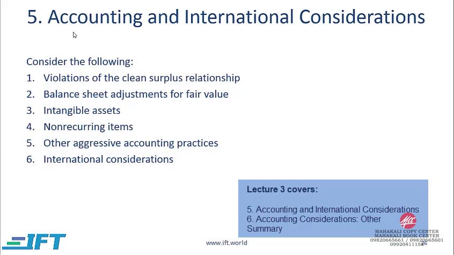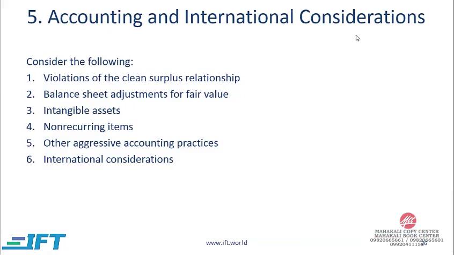We now come to the last section of this reading, which is section 5, Accounting and International Considerations. The main point here is that when you are using the residual income model, obviously you need to come up with estimates of residual income. And as you've seen, the calculation of residual income depends on the financial statements. So obviously there'll be places where you need to make adjustments to the information that you extract from financial statements.